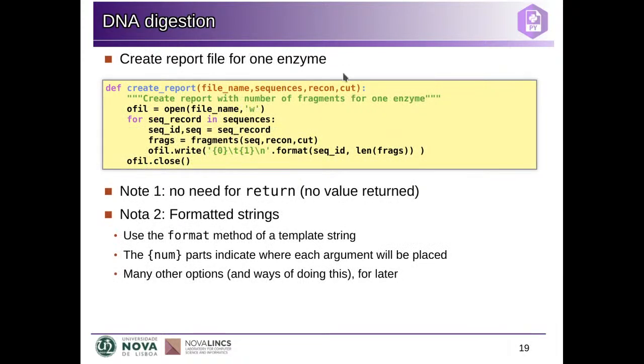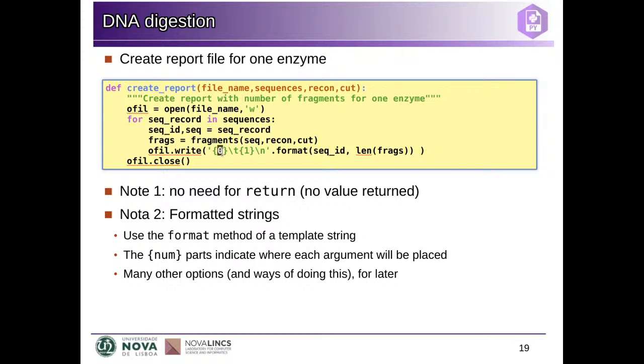And now we're going to write into our file the identifier of the sequence, a tab character, and then the number of fragments we have. So one way of doing this, and we'll see different ways of formatting strings, but this is one easy way of doing it, is to use a template string in which you indicate with the curly brackets where each argument of the format method will be placed.